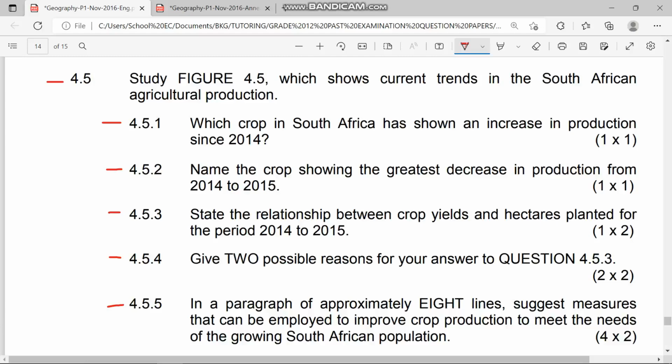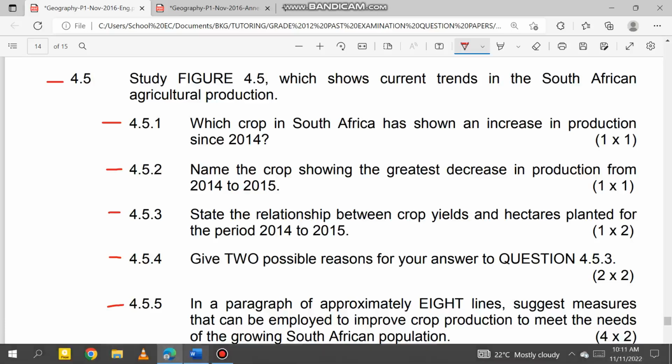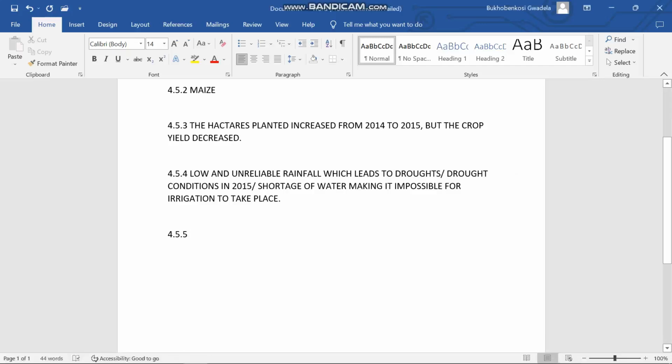As you saw, in 2014 to 2015 there was a decrease of crop yield, but there was an increase in the number of hectares. That basically means that we need availability of water.